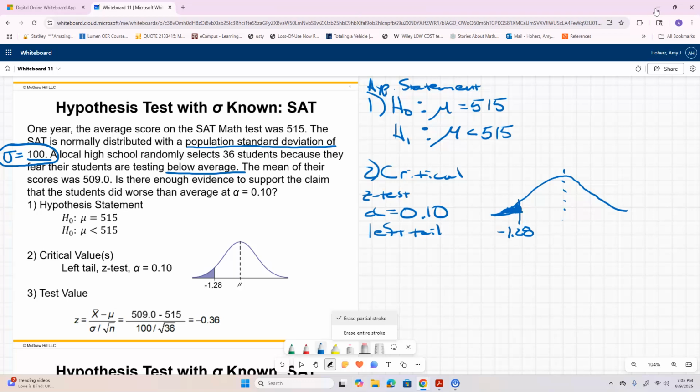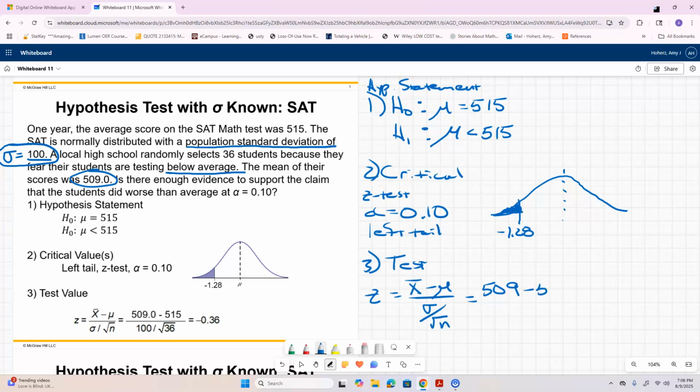Now for step 3, we're going to use our formula. We're going to do our test value, and that is z equals x bar minus mu over sigma over square root of n. Our x bar is our sample average. That was 509. The mean of their scores was 509.